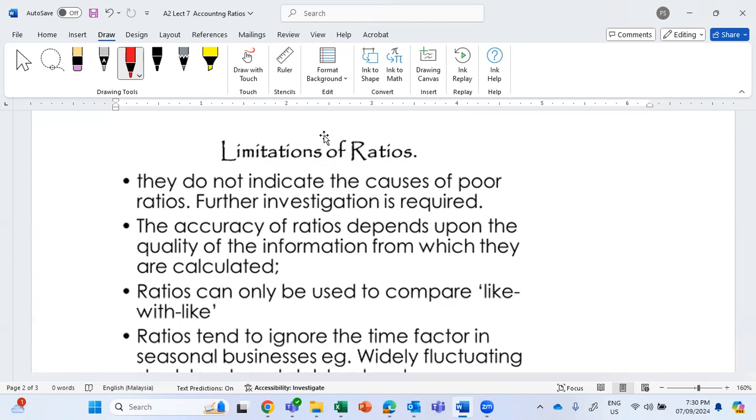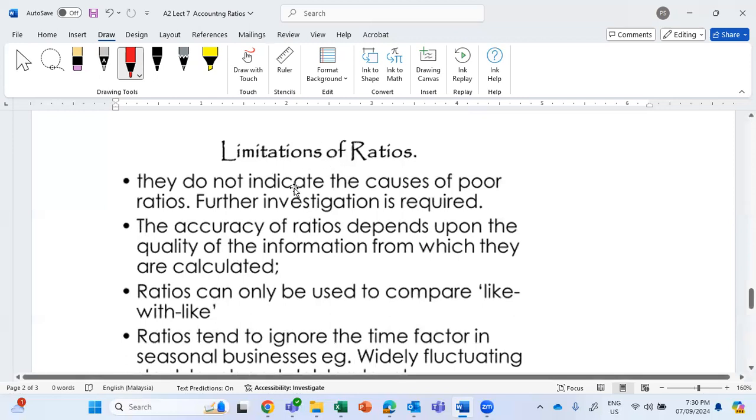Nothing to do with our inventory being of bad quality, it's just probably people are offering a cheaper price than us. On the other hand, it could also mean that there's something wrong with our product and customers are not happy. So these kind of reasons, ratios cannot tell you. You have to find out from the respective people.